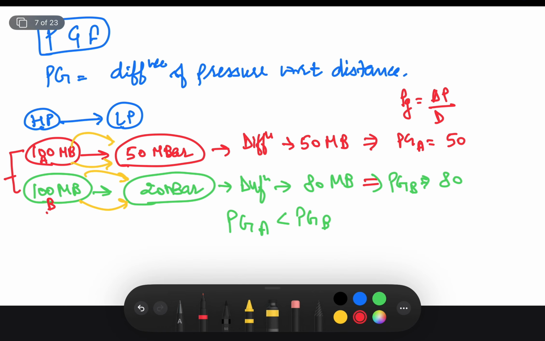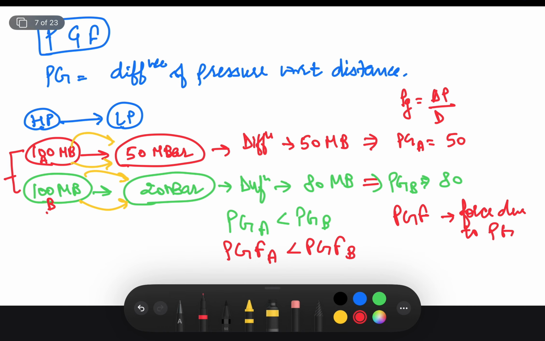So the pressure gradient force at A will also be less than the pressure gradient force at B. What is the pressure gradient force? It is the force due to the pressure gradient. If the pressure gradient is more, then the pressure gradient force will be more.